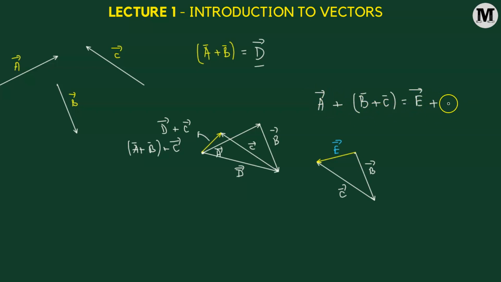So we can take vector E and then add it to vector A. We should get the same result. We have already established the fact that vector addition is commutative.